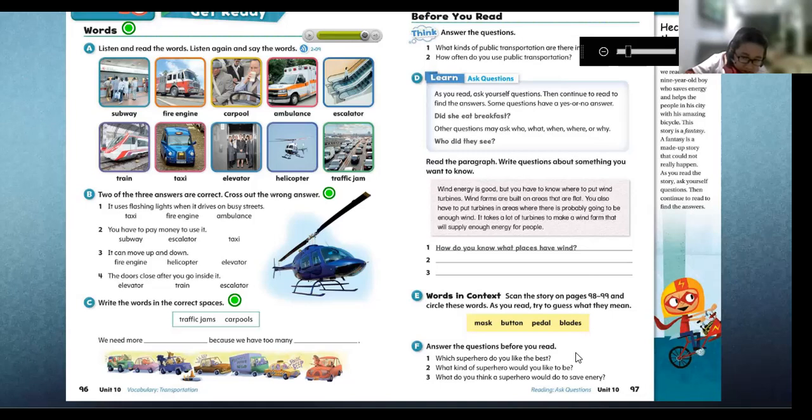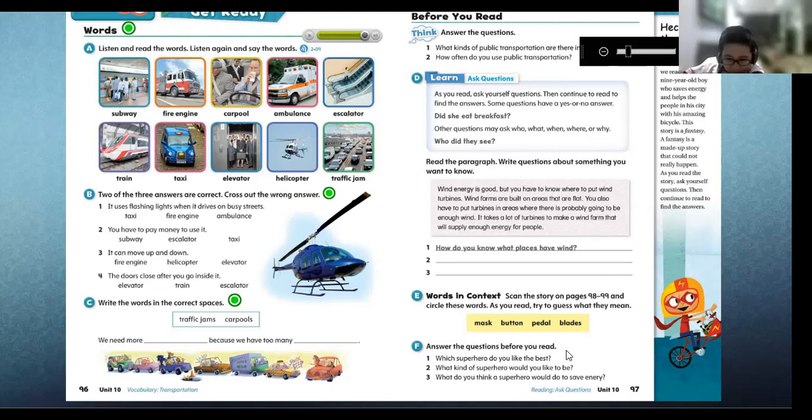And number 2, what kind of superhero would you like to be? I would like to be an energy superhero. We cycle. Okay. And what do you think a superhero would do to save energy?